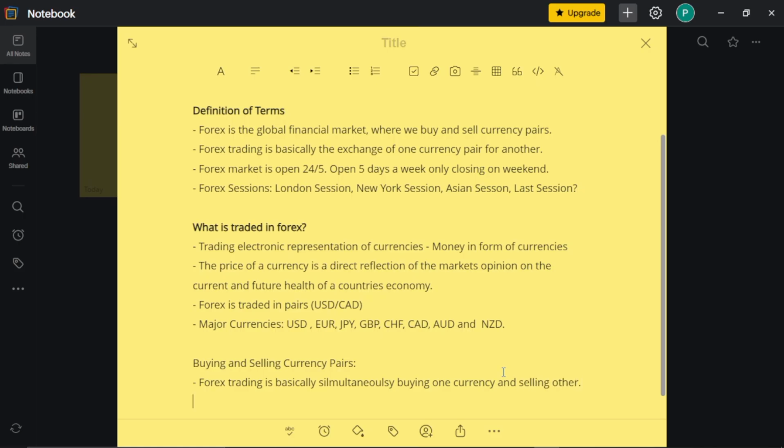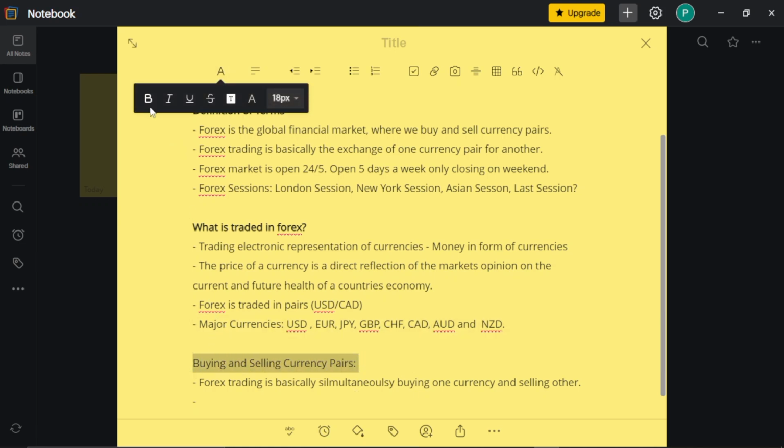We trade Forex in pairs, in currency pairs, right? So Forex trading is basically buying one currency and selling the other. We do not trade them as a standalone. We trade them as a unit, two currencies against the other.